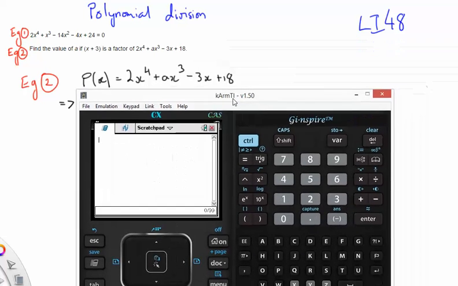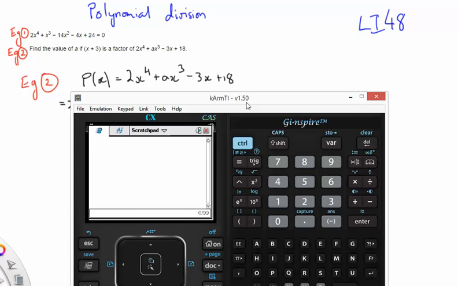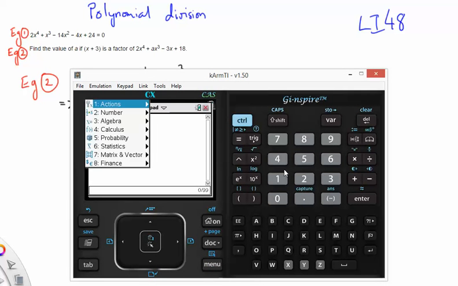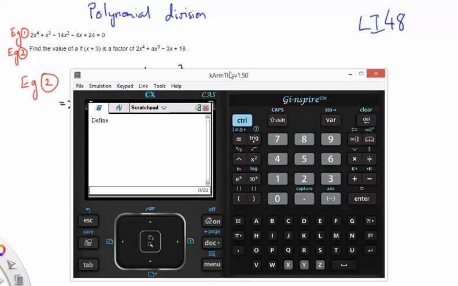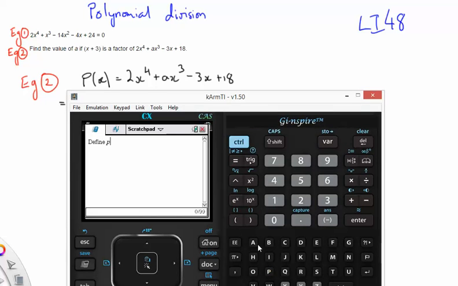Okay, so the first thing you do, menu 1 define. Let's define function. Menu 1 define p of x equals 2 times x to the power of 4 plus, now watch out here, it's a times x.